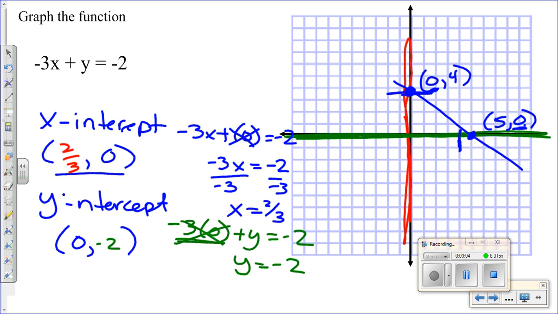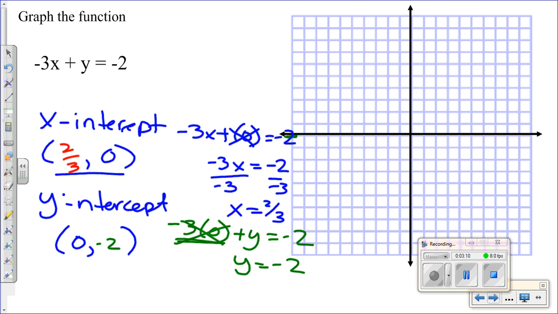So I'm going to come over to my graph then. Let me erase this. Okay. And I'm going to put a dot on my y-intercept of 0, negative 2, which would be right here. And then my x-intercept, which is 2/3, 0, which is about right here. You know it's a fraction, but that's okay.